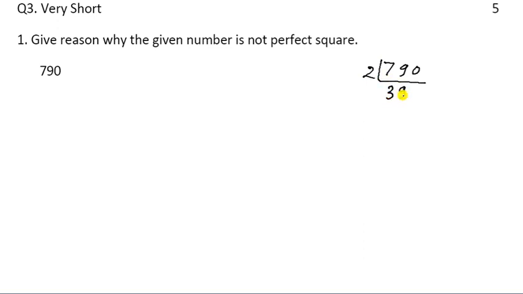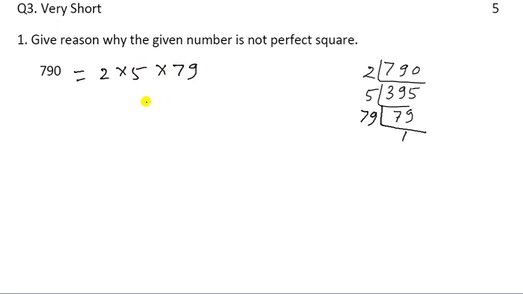Two threes are 6, and two nines are 18, and two fives are 10. Once again by 5: five sevens are 35, five nines are 45. Now it is divided by 79, one time. So the prime factorization is 2 into 5 into 79.